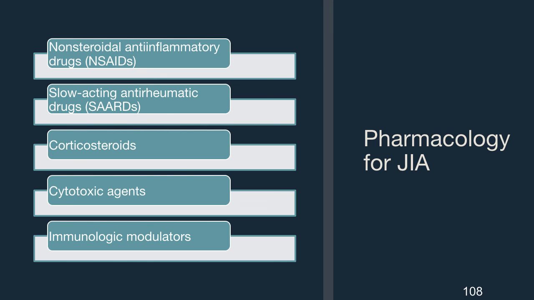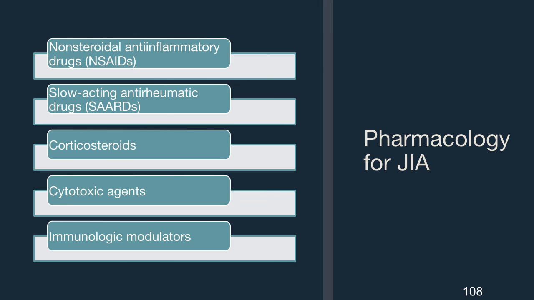If those aren't working, then they may start the slow-acting anti-rheumatic drugs, SAARDs, or corticosteroids. Cytotoxic agents like methotrexate are usually tried before the immunologic modulators like Humira.